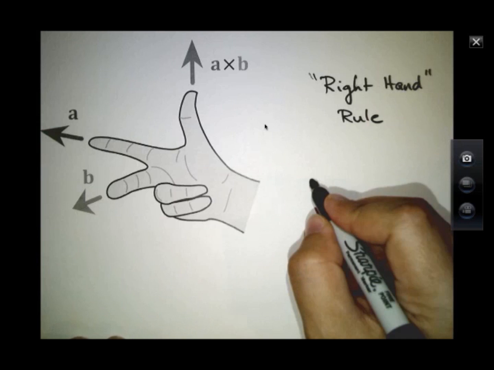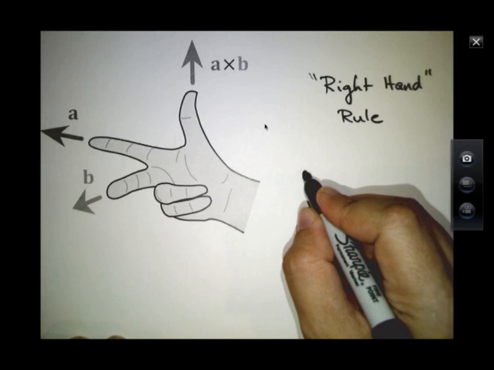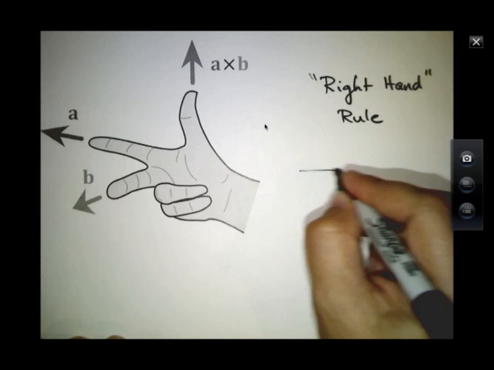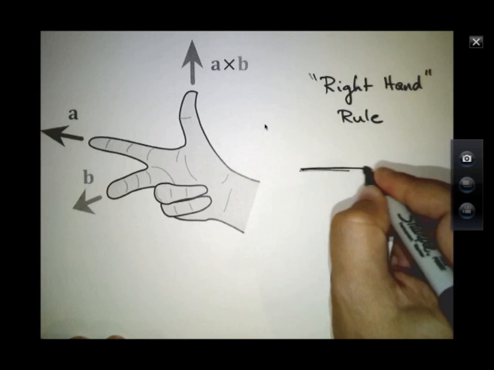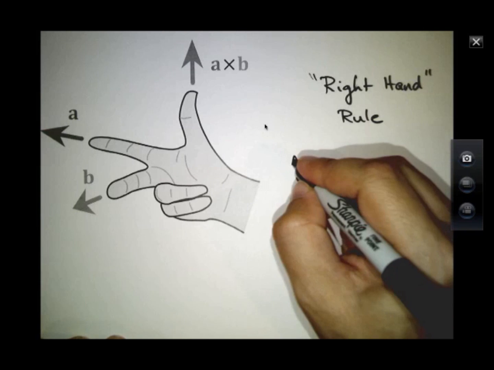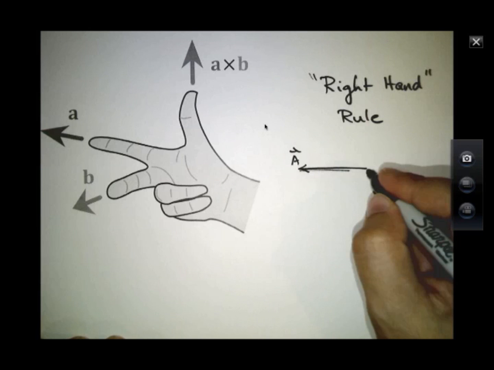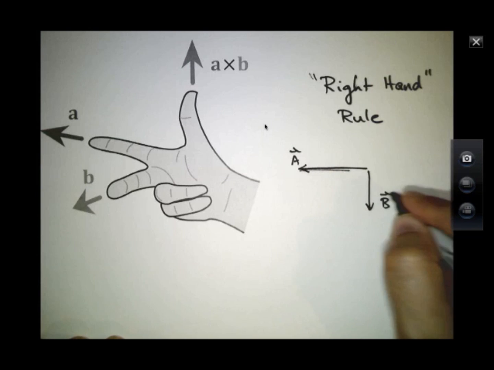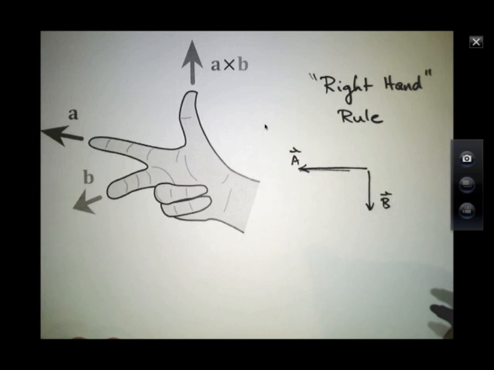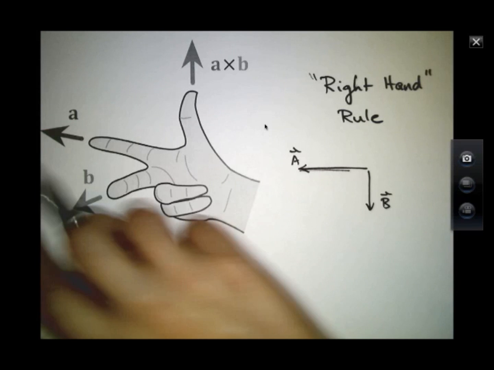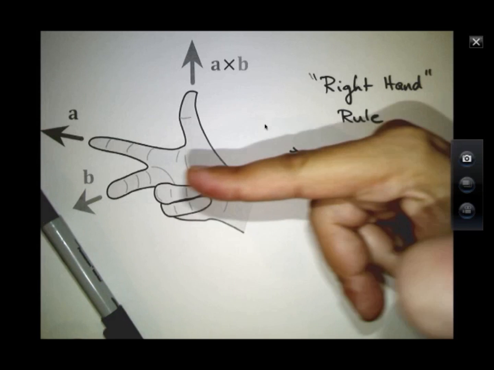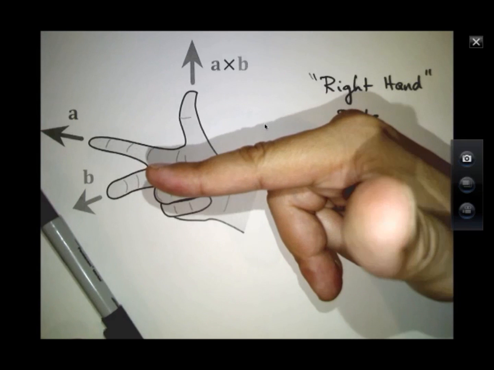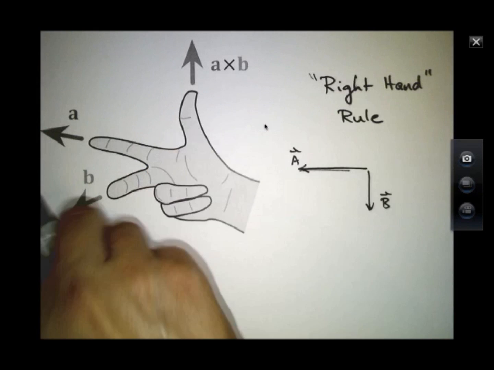So this tells me that in a situation where A points that way, B points straight down, then if I were to use my right hand, notice that my thumb is coming straight up out of the page.